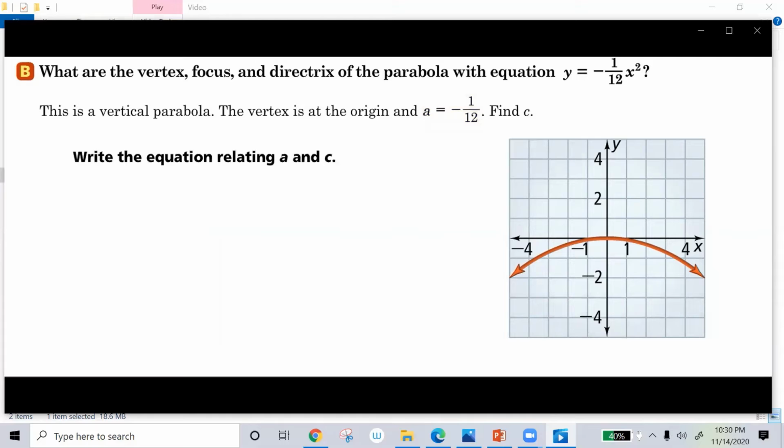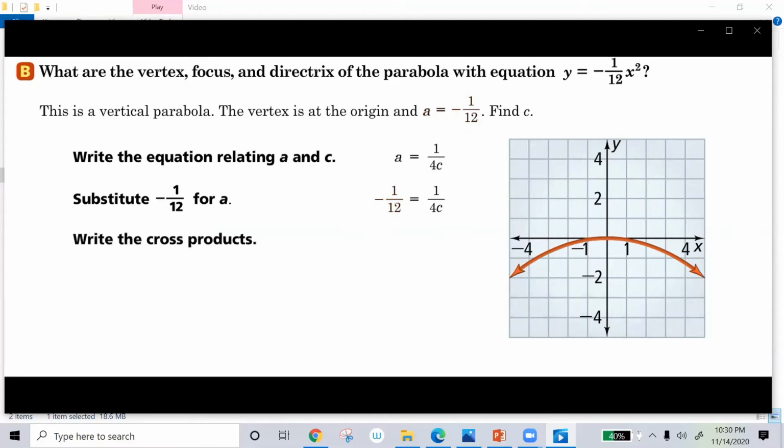Write the equation relating a and c. Now substitute -1/12 for a. Write the cross products.